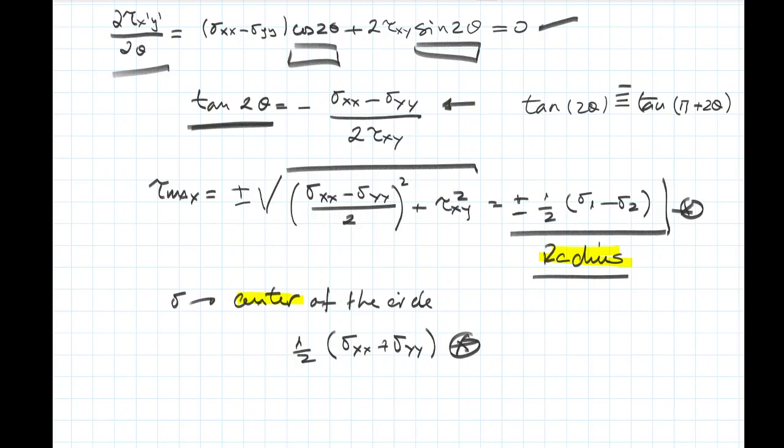Then I guess we're ready right now to draw the Mohr's circle. Initially the Mohr's circle was thought to be used as a visual aid to determine the maximum principal stresses or maximum normal stresses and maximum shear stresses.